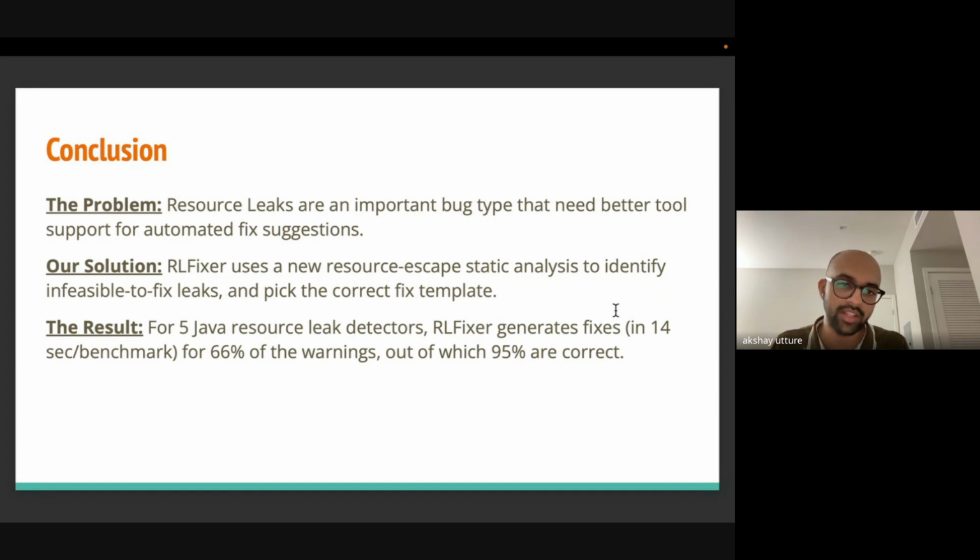And for the feasible ones, it helps pick the correct fix template. And the result is that on 5 Java resource leak detectors, RL Fixer can automatically fix 66% of the warnings in just 14 seconds per benchmark. And out of this, 95% of the fixes are correct.